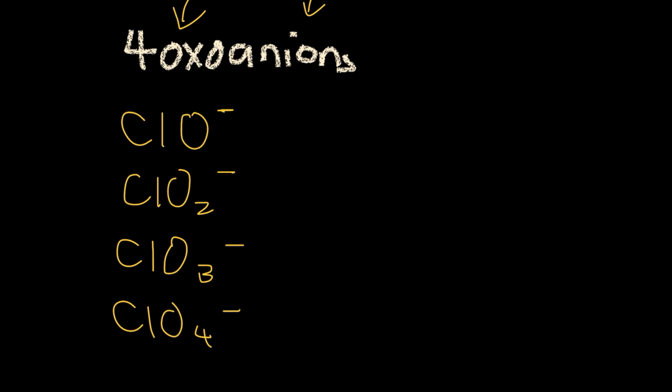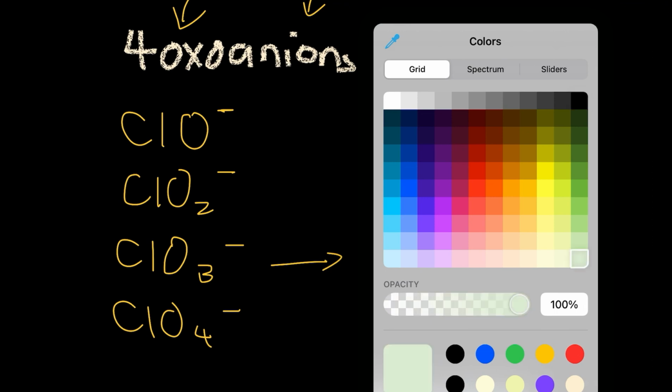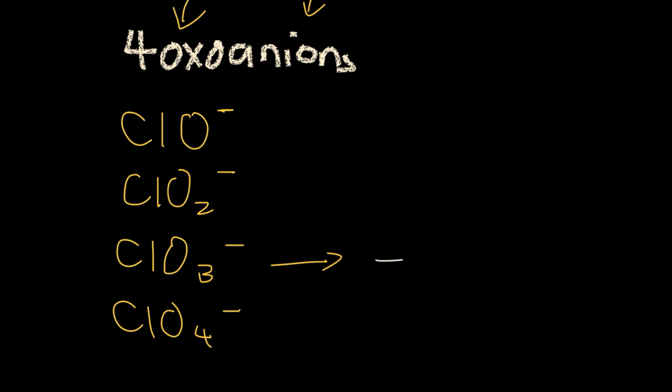Whenever you see an oxoanion, and these are a family of 4 oxoanions, which means their oxygen can hold from 1 to 4. Whenever there's a 3 on oxygen, its ending will be ate. So we're going to say the anion and an ate: chlorate.